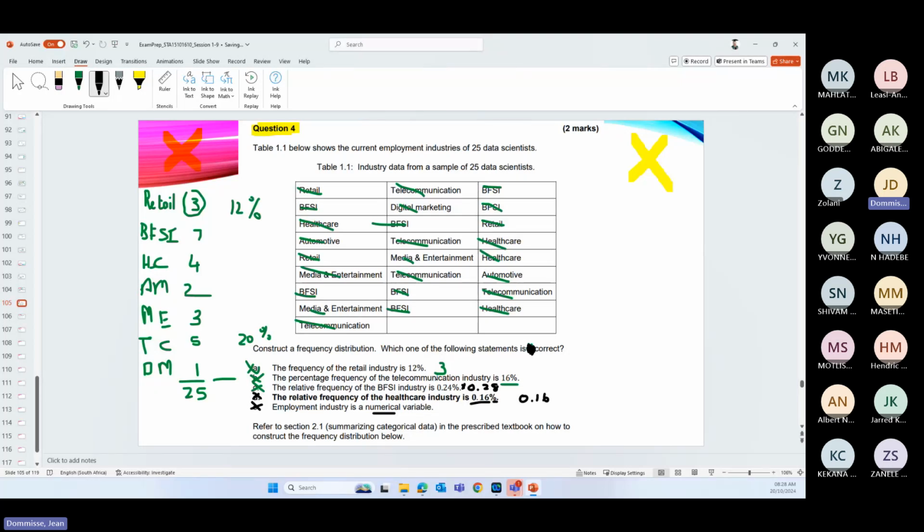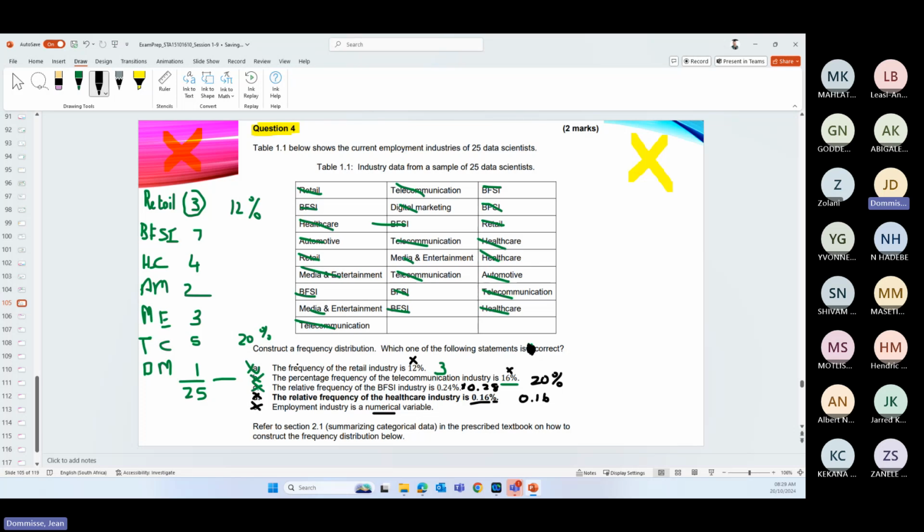And the percentage frequency of telecommunications was 5 divided by 25, which is 20%. So that's why, phew, again, this is one of those where it might have been right in how the question was structured, but when it was taken and typed out again, that might have sneaked in, but it should just be 0.16.